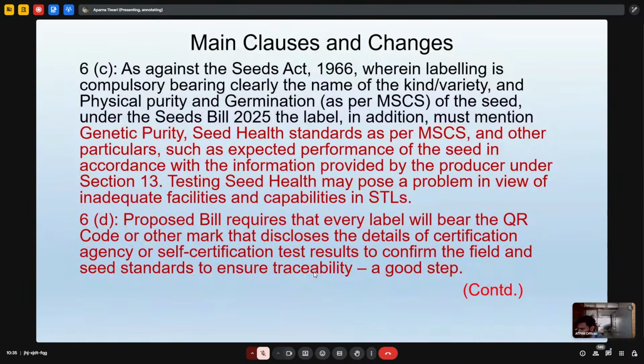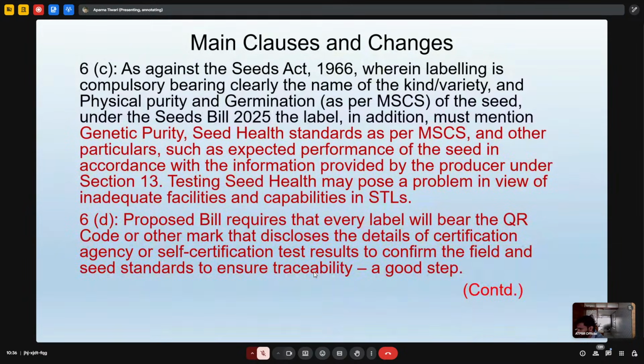Now, a good thing about this bill is that it requires that every label will bear a QR code or other mark that can disclose the details of certification, whether it is self-certified or certified by an agency. It will provide the details of the test results to confirm the field and seed standards. This is important because this way the entire traceability can be established.